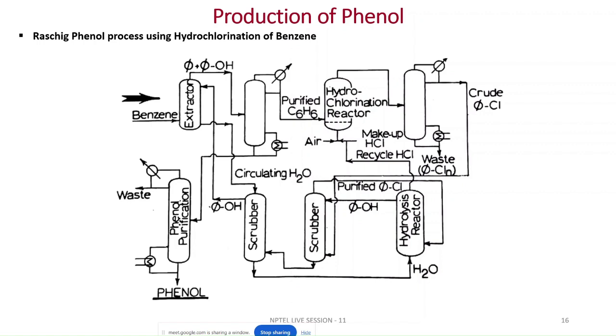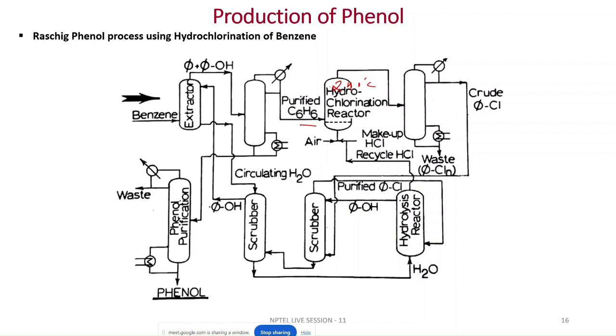In this process, the process starts here. The purified benzene is fed to the hydrochlorination reactor, where the reactor temperature is maintained around 240 degrees Celsius, and from this hydrochlorination process, we get the monochlorobenzene and some other chlorobenzene forms.